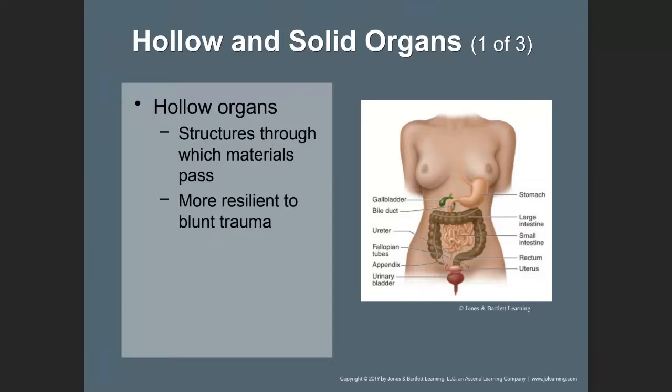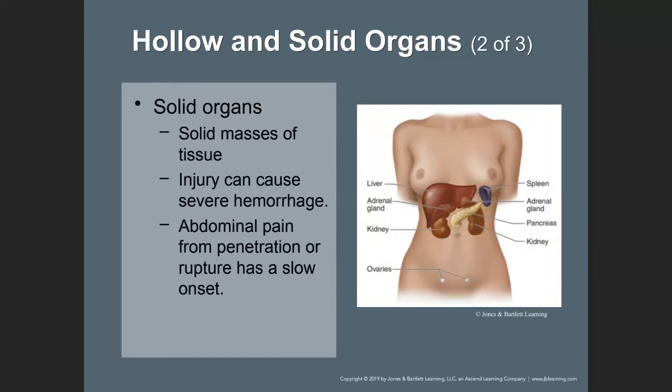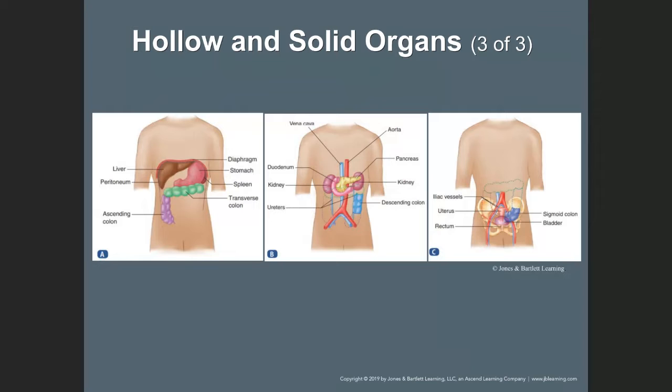Within the abdominal cavity, we have hollow organs, structures through which materials pass, more resilient to blunt trauma, and we have solid organs, which are highly vascular, solid masses of tissue. Injury can cause severe hemorrhage; abdominal pain from penetration or rupture has a slow onset.